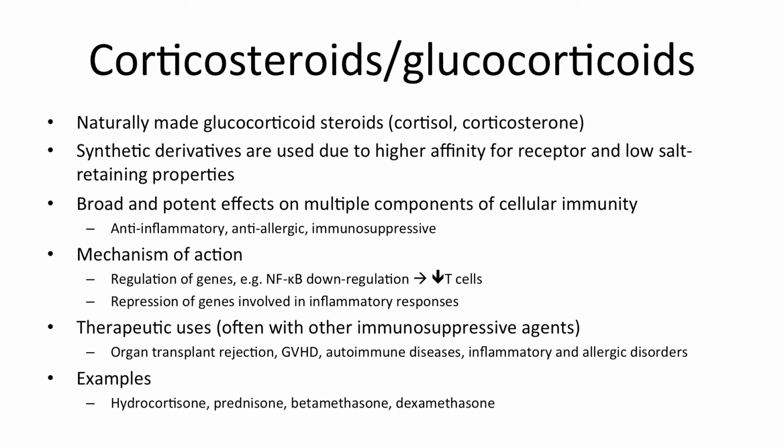Downregulation of NF-kappa B can reduce T cell signaling and thereby inhibit T cell differentiation and proliferation. In addition, these steroids can also repress other genes involved in inflammatory responses.